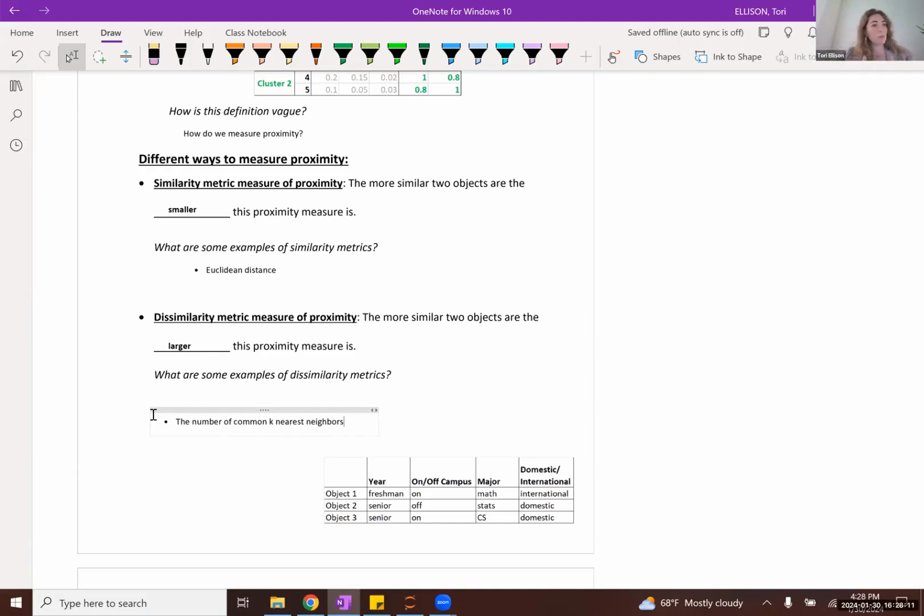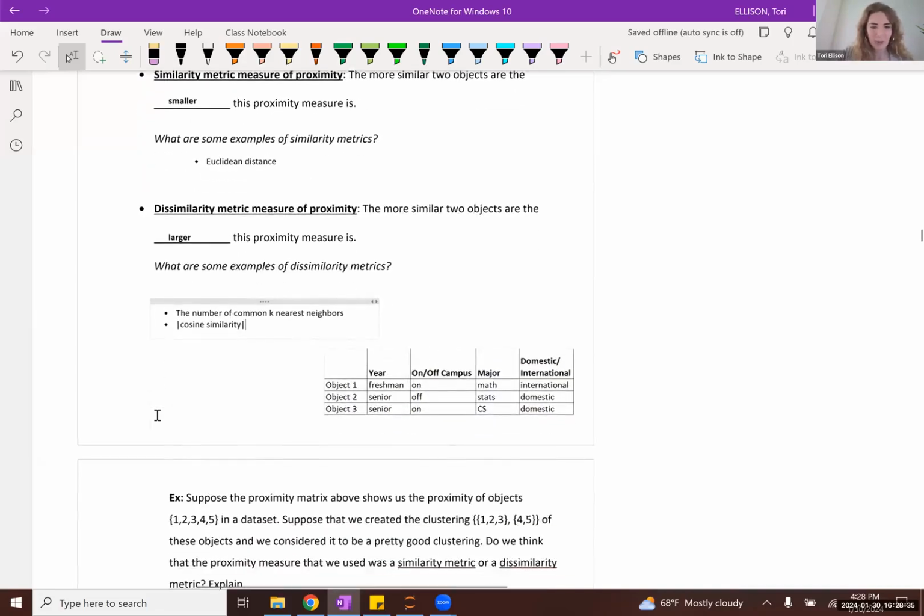So the more common neighbors, the more similar you are. So that number increases. And similarly, let's do the absolute value of the cosine similarity of 2 points. Generally speaking, the closer that value is to 1, the more similar those 2 points are. The closer that value is to 0, the more dissimilar those 2 points are.